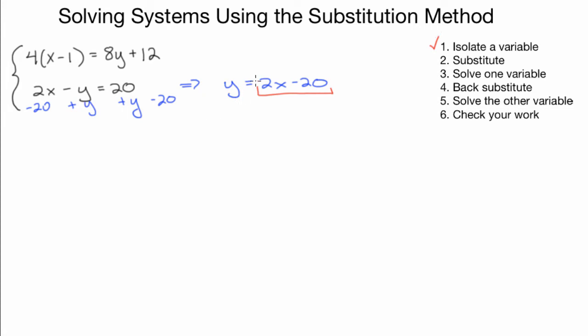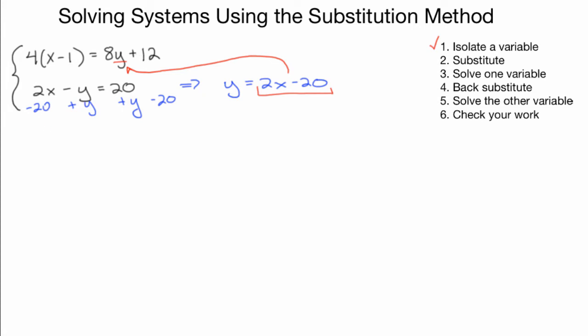And what does that let me do? It lets me take everything that y equals and substitute it, putting that 2x minus 20 in place of y in the other equation. I'm combining all the criteria for both equations into one equation, and I use substitution to get that done.